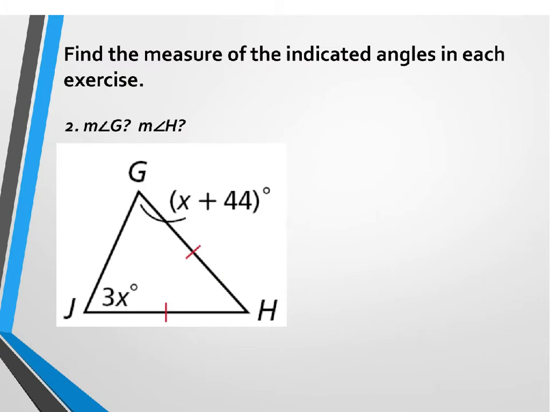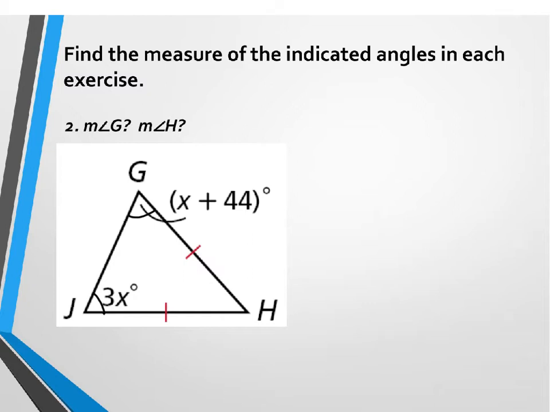Okay, it says find the measure of these two indicated angles. Well, if we know that this is an isosceles triangle, which we know by these little tick marks, then these two angles right here are congruent to each other. So we have that angle G is equal to x plus 44 and angle J is equal to 3x.